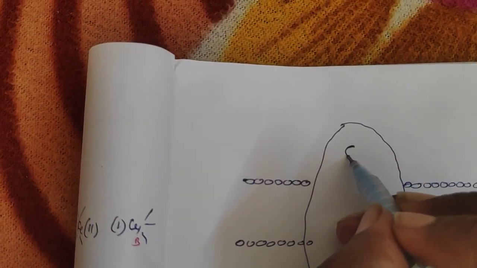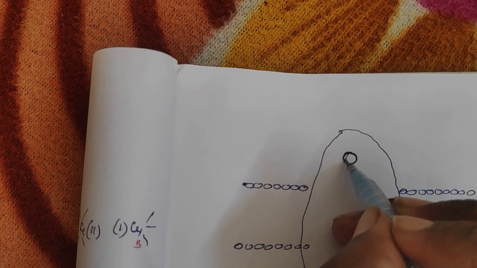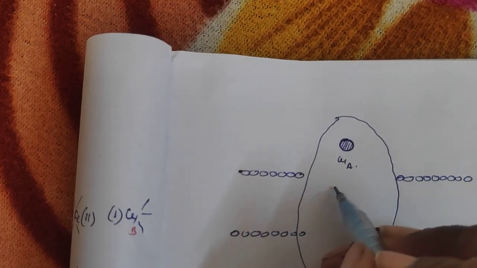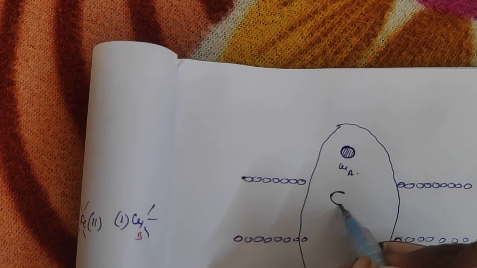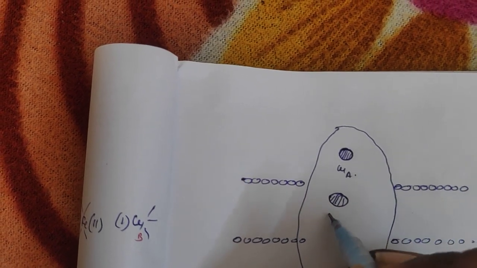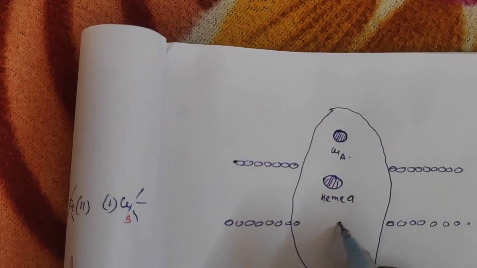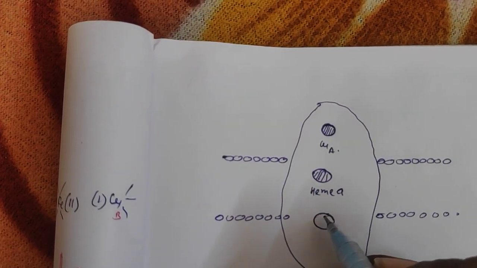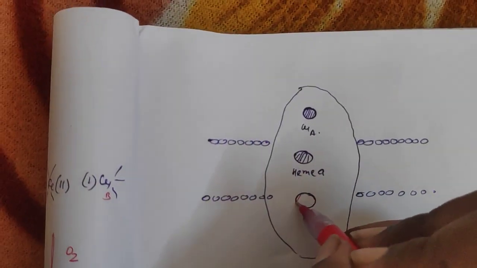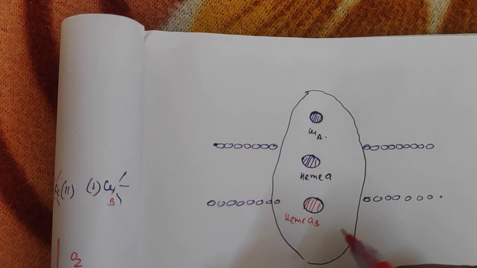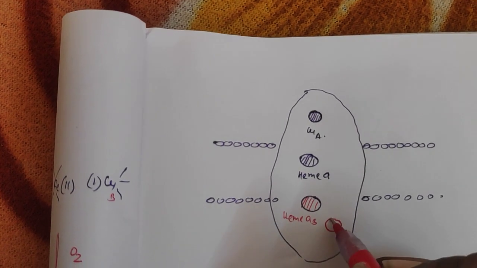So at first there will be a copper A center, right? Then there will be a heme A. After that the electron will be transferred to heme A3 and copper B.